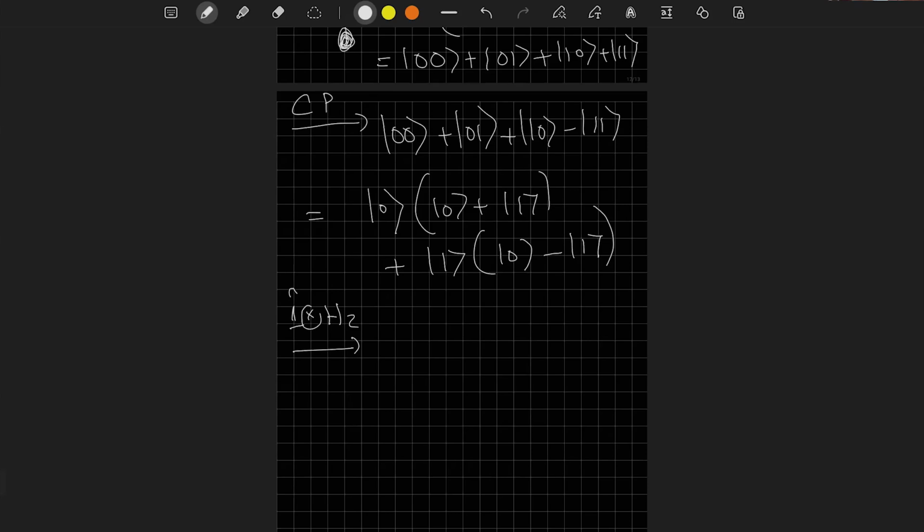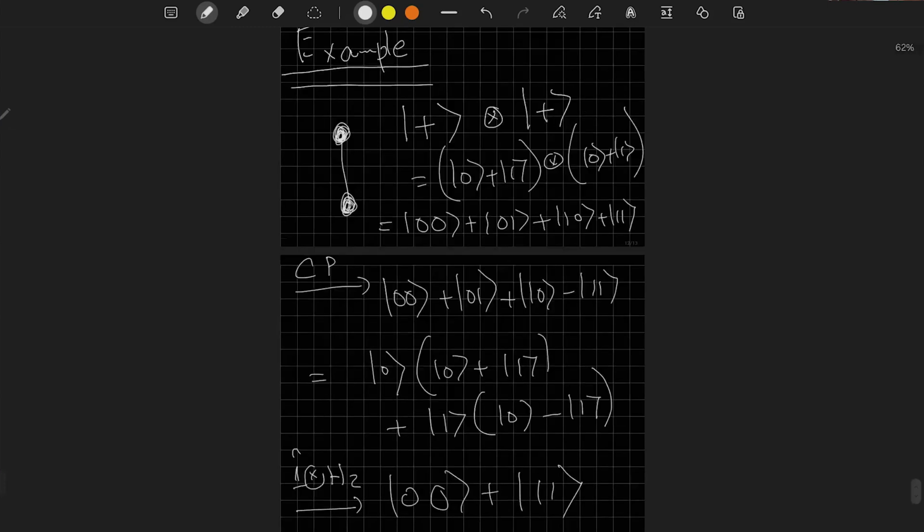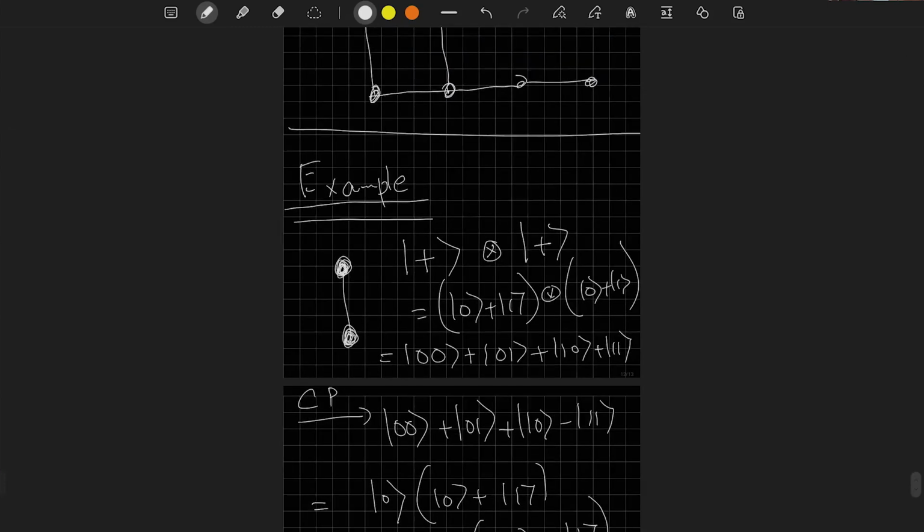Then this state would transform into 0,0 plus 1,1, which is a Bell state. So this cluster state that I have drawn is equivalent to a Bell state, an entangled state, up to a local transformation. And it's easy to produce Bell states.